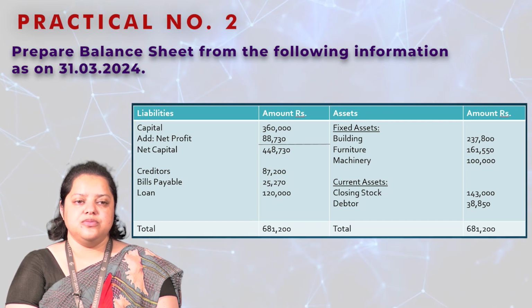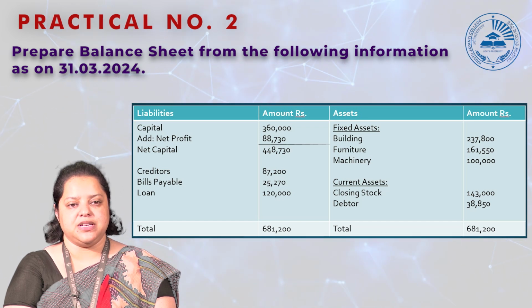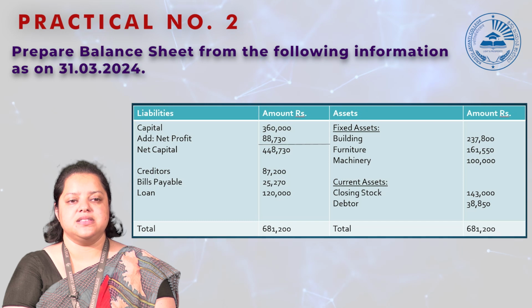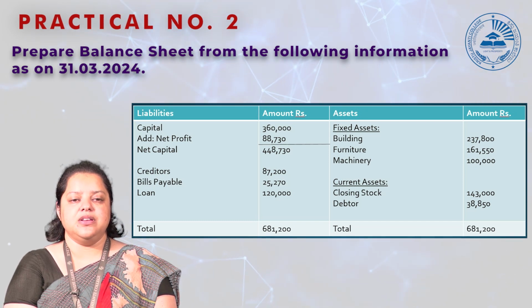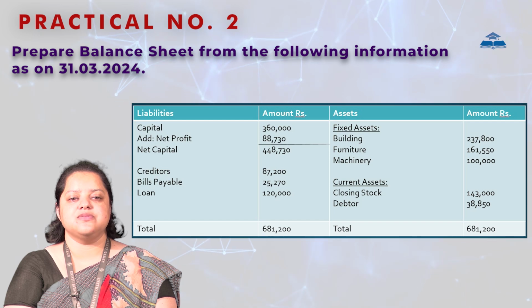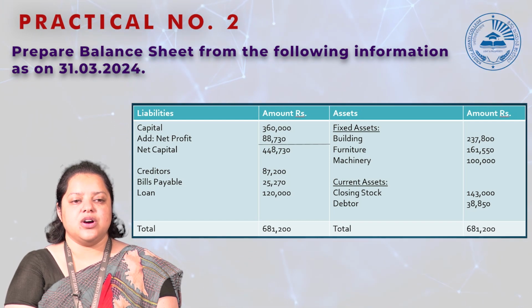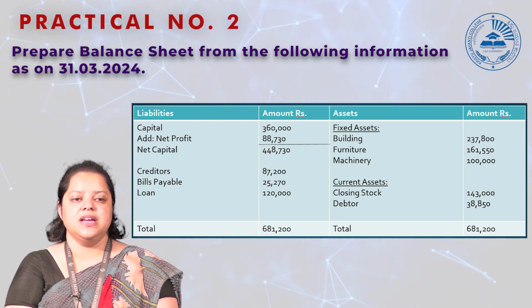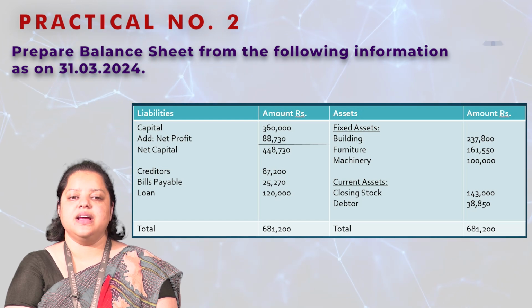Please remember one thing: if it is profit we need to add it to the capital, but if it is net loss then we need to subtract it from the capital. After adding net profit to the capital, we got total capital of 4,48,730. Then we list out the other liabilities like creditors 87,200, bills payable 25,270 and loan 1,20,000.